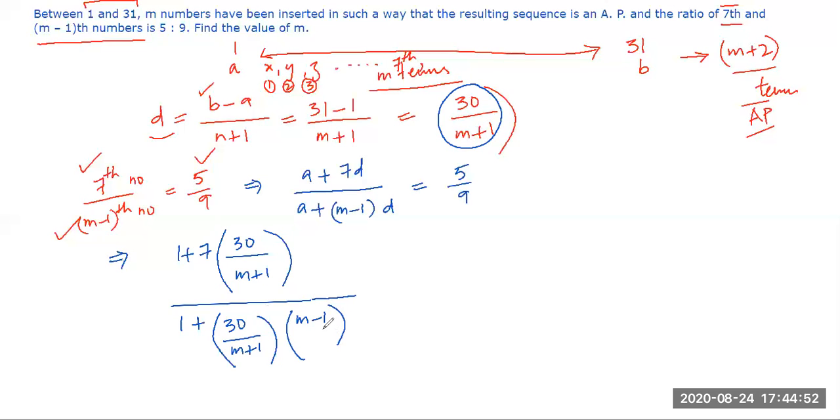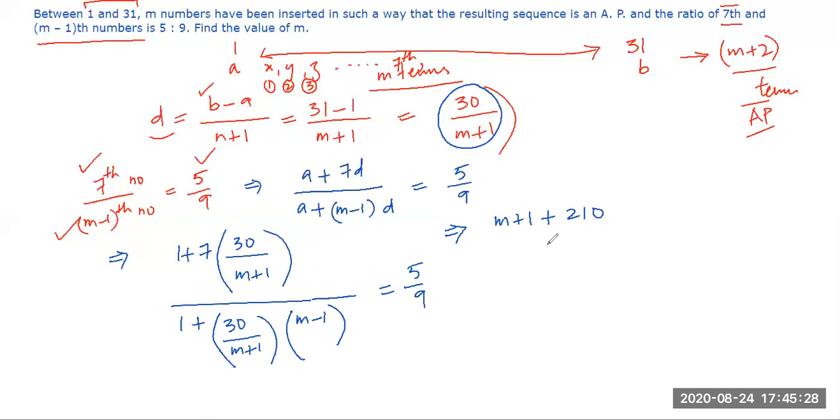Is it right, students? Ishma, is it right? Yes, sir. So A plus 7D over 1 plus m minus 1 D is equal to 5 by 9. Please solve this. Let's take m plus 1 as the LCM, so it becomes m plus 1 plus, what is 7 into 30?